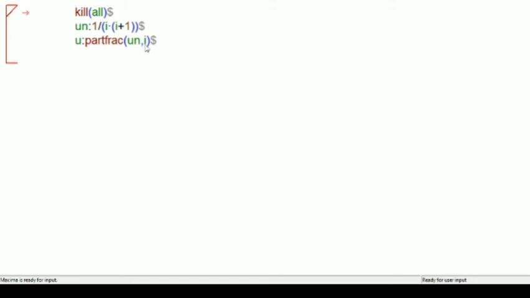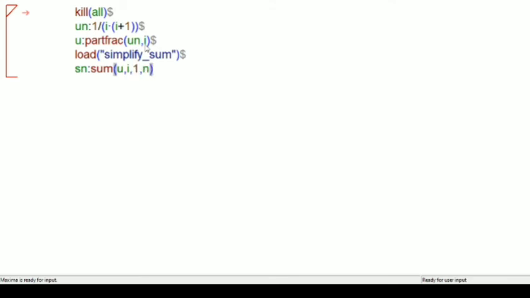Then as I said, if you want to simplify, you have to load the simplify_sum package. I don't want to display this, so I'll use the dollar sign. Then let me sum the first n terms, and we have stored the terms in u right now. So I'll sum n terms of u where i runs from 1 to n.